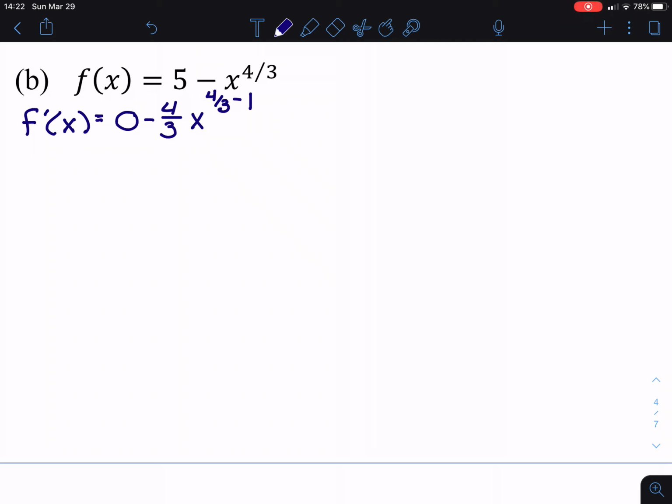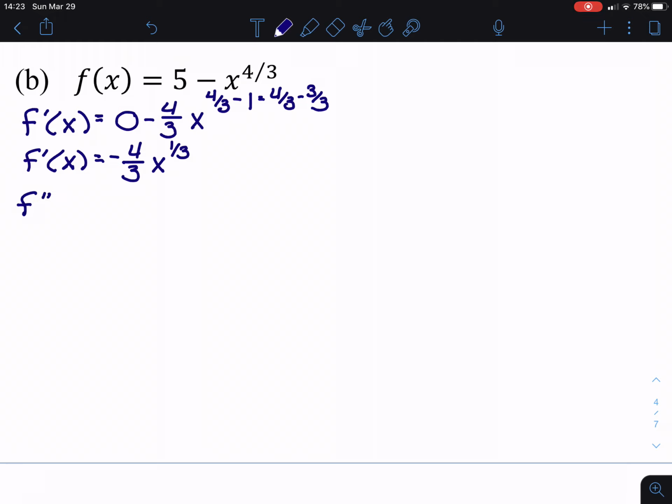Now remember, when I take 4/3 minus 1, that is the same thing as 4/3 minus 3/3. So what I wind up with is my first derivative is equal to negative 4/3 x to the 1/3.